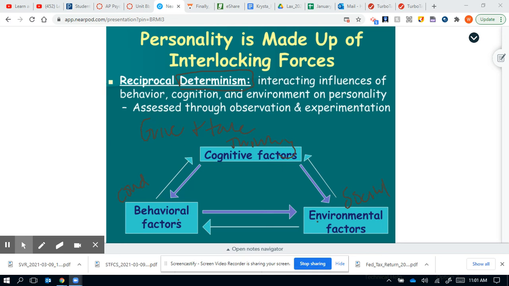The environment that we are in influences how we behave, and then how we behave influences how we think, and so on. If you're in a classroom and you know you need to behave, behaving well might actually make you a better student and make you pay attention more. Then because you're paying attention more and answering questions, it's making that a better environment, and so on and so forth. So reciprocal determinism looks at how these three factors all interact to create our full picture of personality.